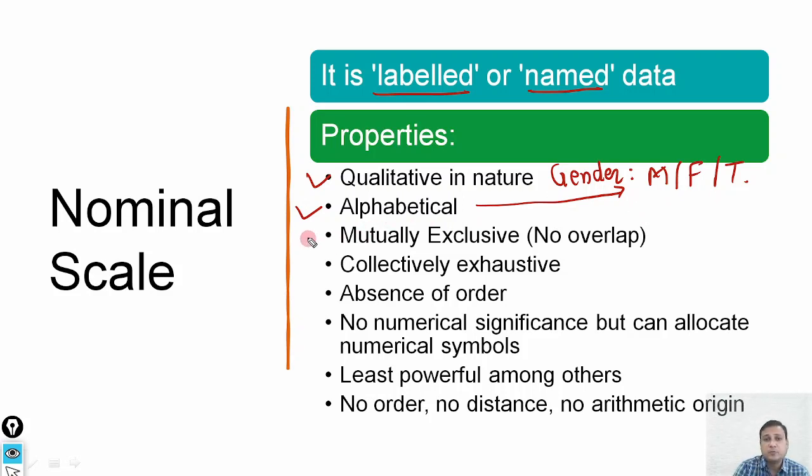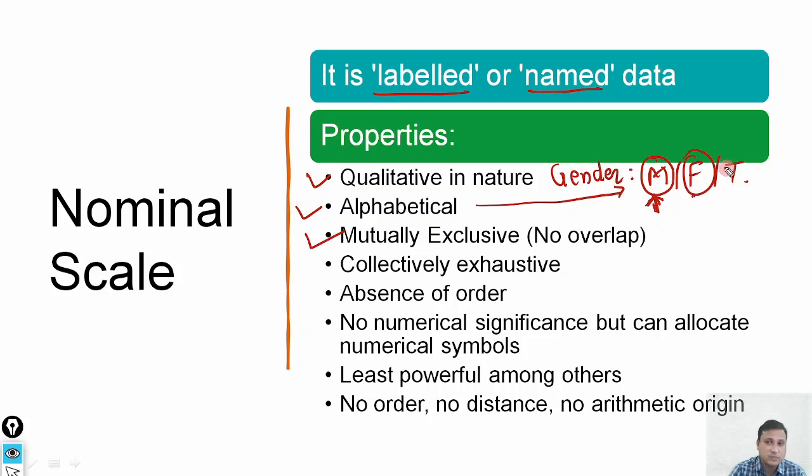Correct? Mutually exclusive. What does that mean? Mutually exclusive means if someone responds that he is male, at the same time the same person will not say that he is female also. If he is male, he has opted for this, he cannot opt for this at the same time.